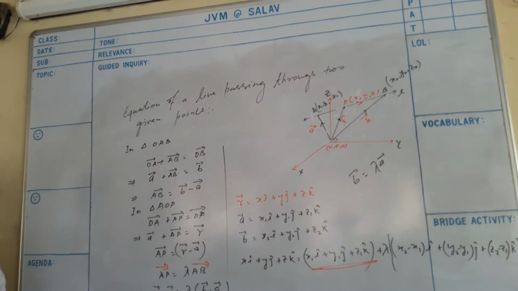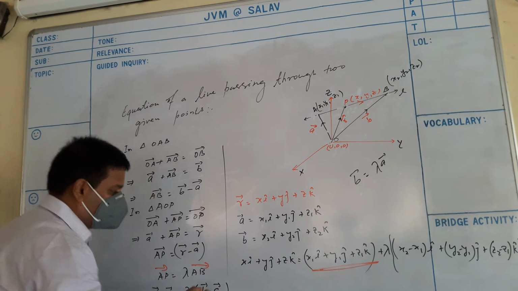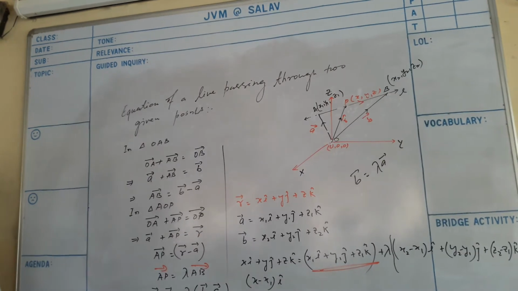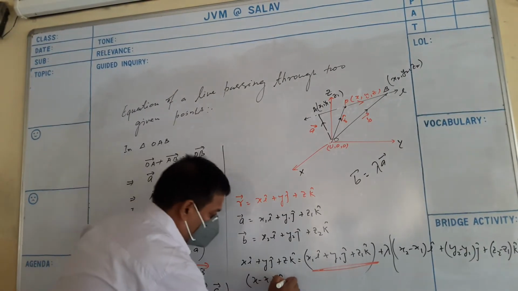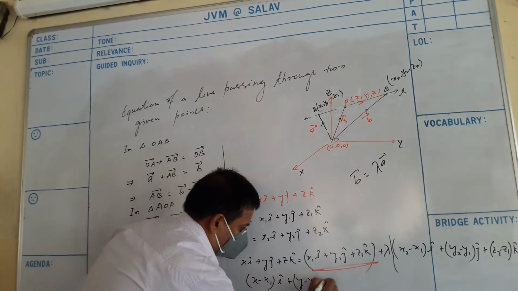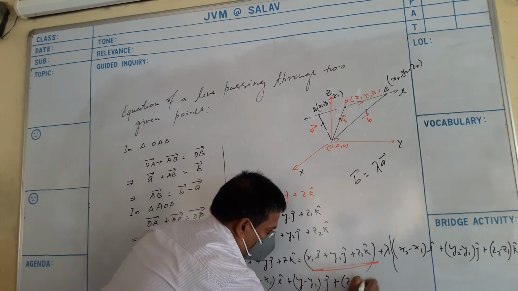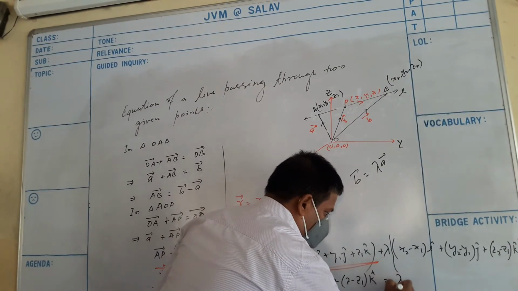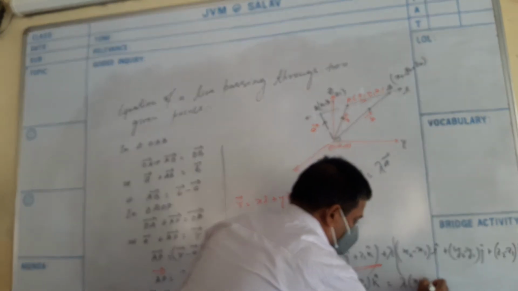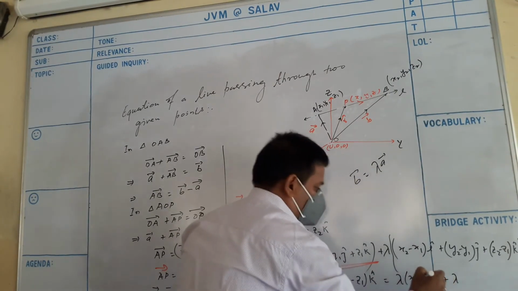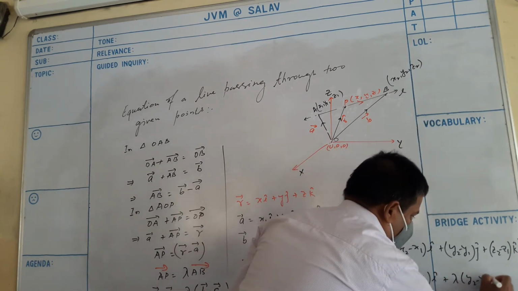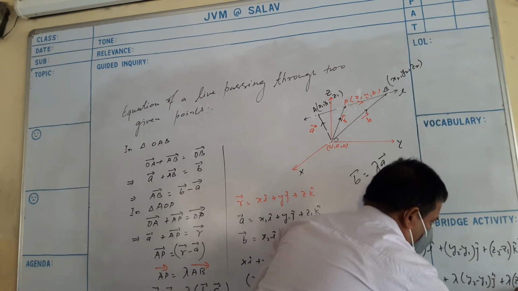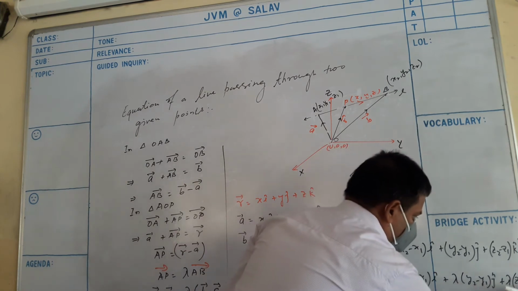So you will get x minus x1 i, y minus y1 j, z minus z1 k is equal to lambda x2 minus x1 i plus lambda y2 minus y1 j and lambda z2 minus z1 vector k. Clear?